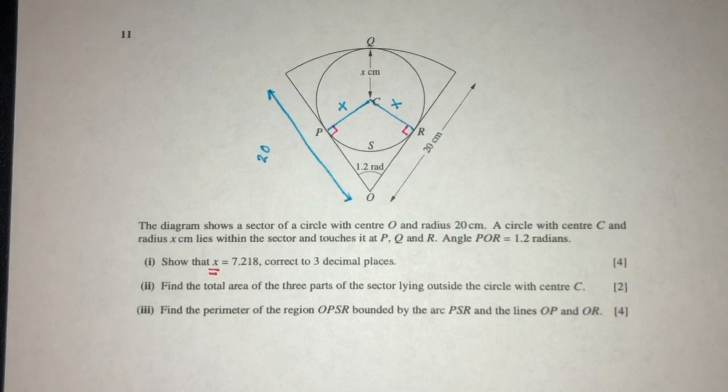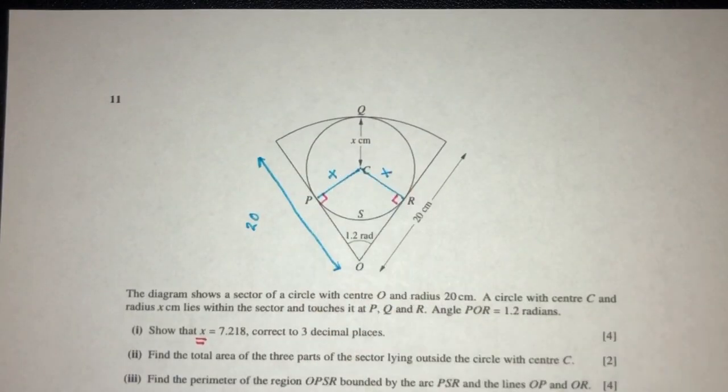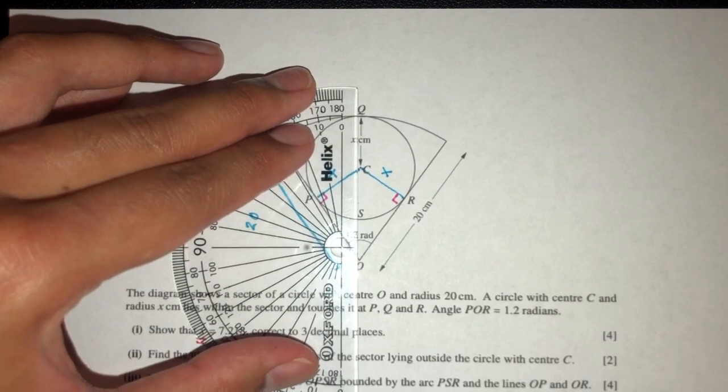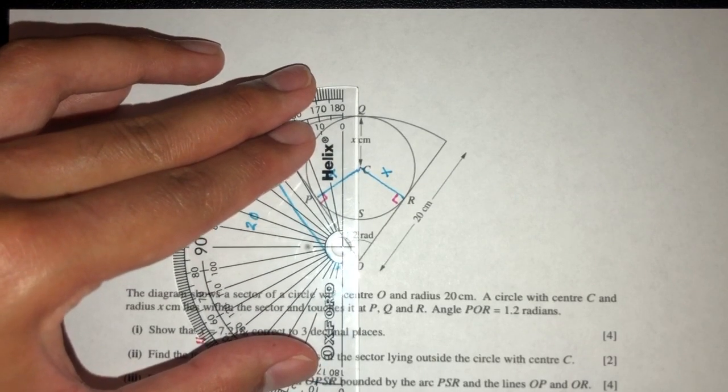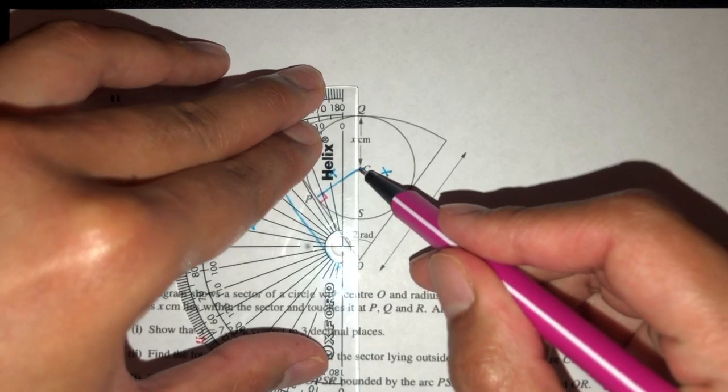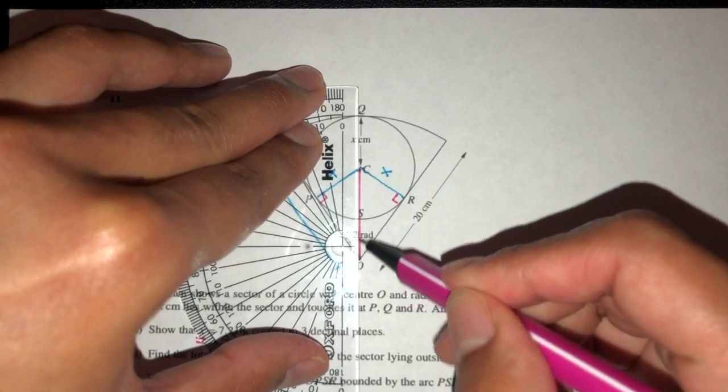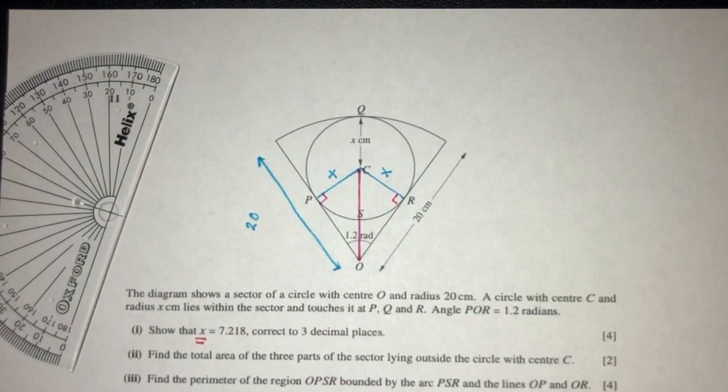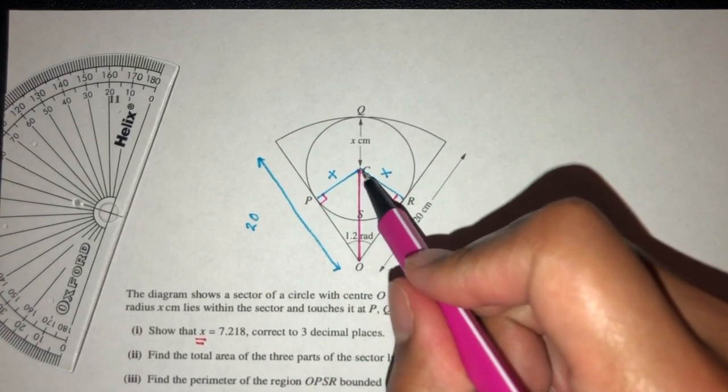So let me draw something. Here we have x and x. We can also connect these two. What if I draw this here? So what is this length?